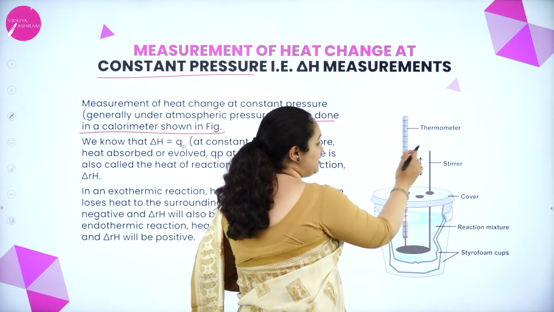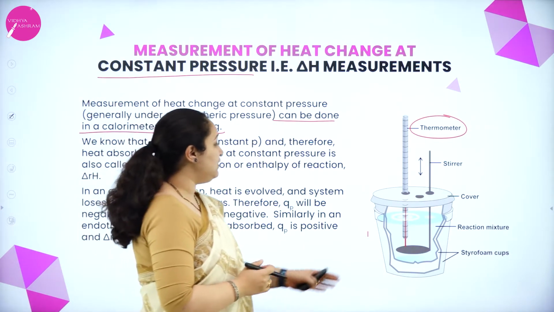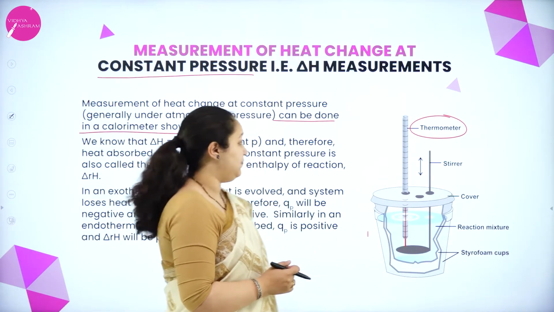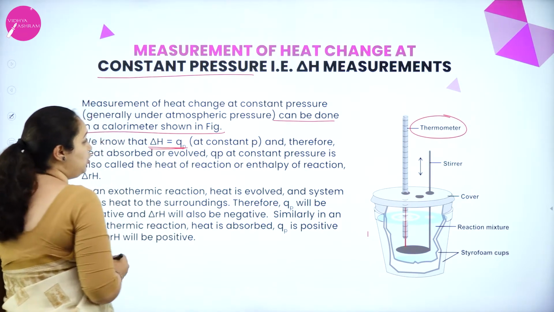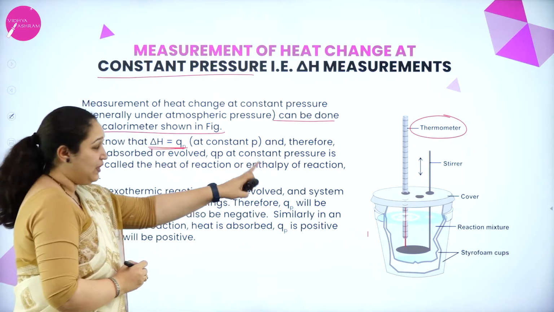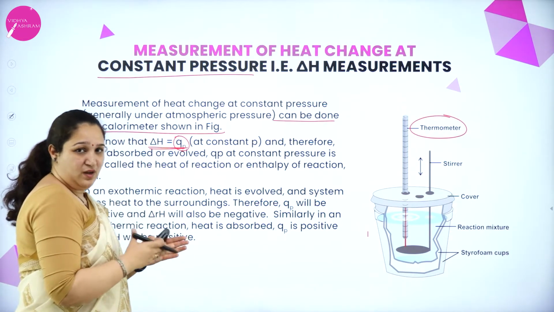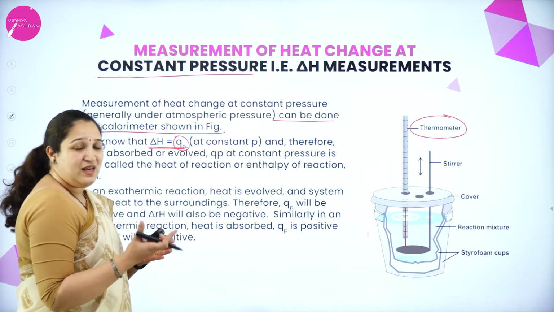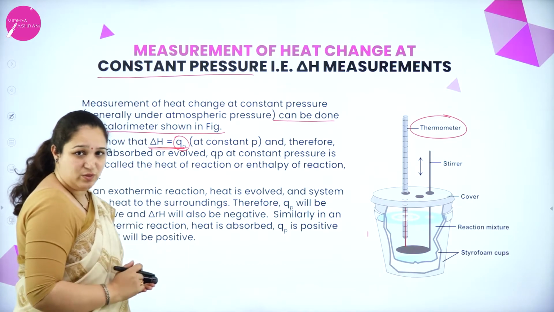So during the reaction, we have to note down the change in temperature. And here the pressure is kept constant. Okay, so we know that delta H is equal to QP at constant pressure. Therefore, the change in temperature, which is related to the heat liberated, is directly related to the enthalpy change. That is how we are going to calculate.